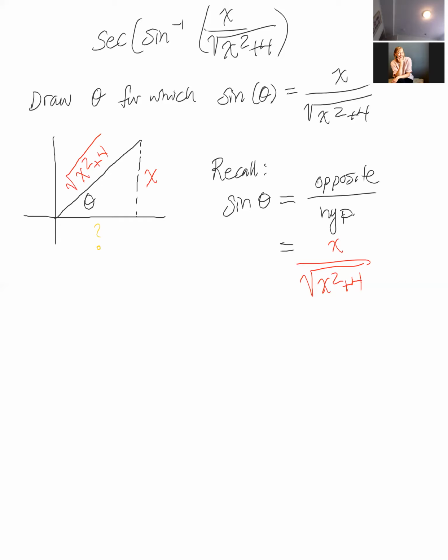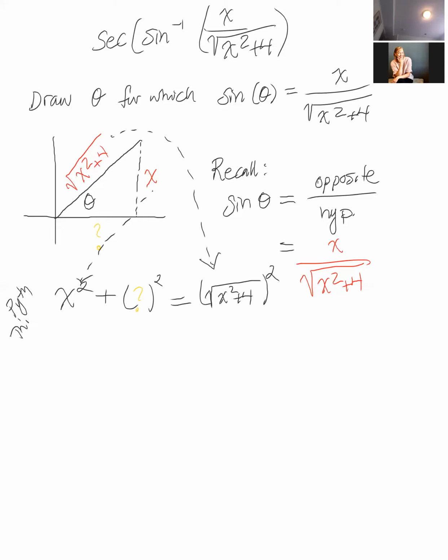I know that x, this side, I square that, plus the shorter side, question mark, I square that, that's equal to the square root of x squared plus 4, this side, squared, by the Pythagorean theorem. I'm going to solve for that question mark.